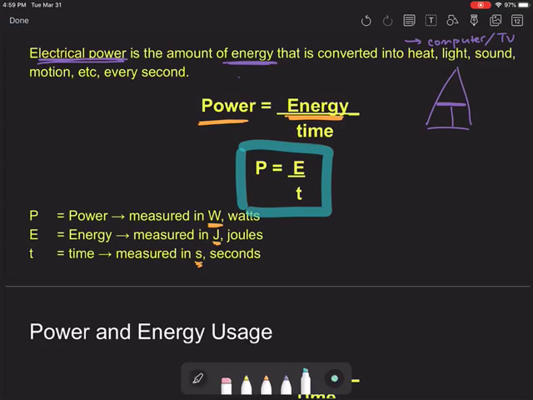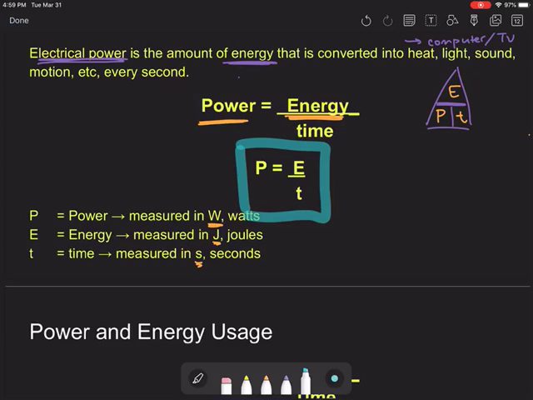Notice when we're looking at this formula, we have P is equal to E over T. So E is on the top and T is on the bottom. Similarly, in our triangle, we put E at the top and T on the bottom, and then P, our power, takes up that last remaining space.